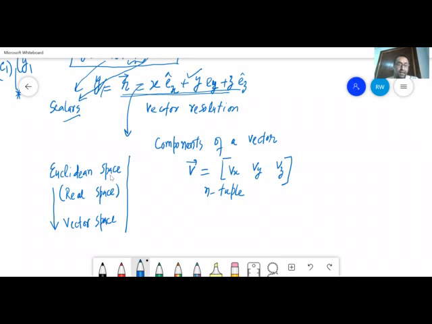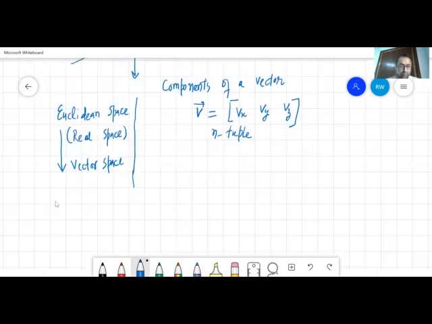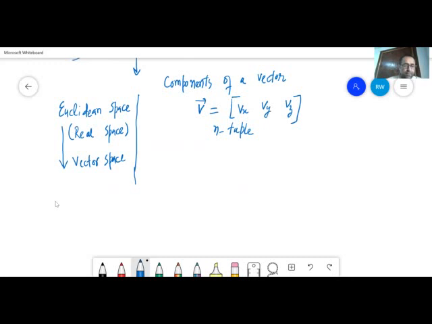But in quantum mechanics, there is going to be a difference. We are not going to concern ourselves too much about this vector space. What we are going to look at is something called a state space, and that state space is once again a vector space, but of the kind we call a solution space, which we talked about last lecture.